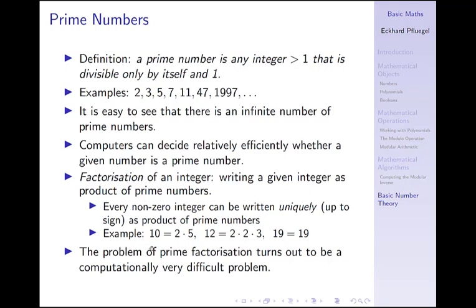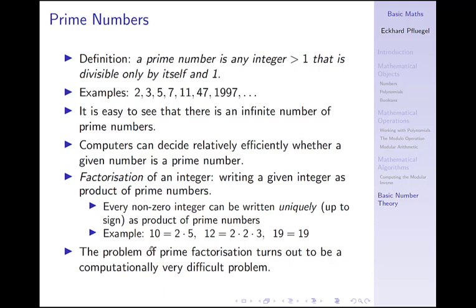So just by definition, a prime number is simply any integer, and we're going to assume an integer greater than 1, otherwise it's trivial. And what we define is that this number is a prime number if and only if it is divisible by itself and 1. So in other words, it doesn't have any non-trivial factors. So for example, you can see this list: 2, 3, 5, 7.